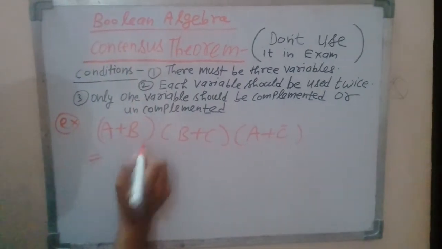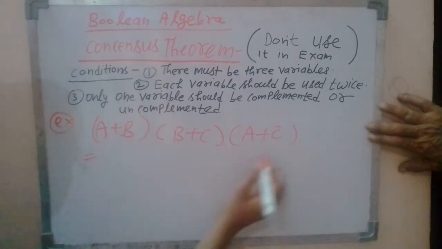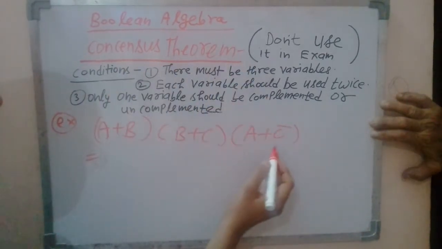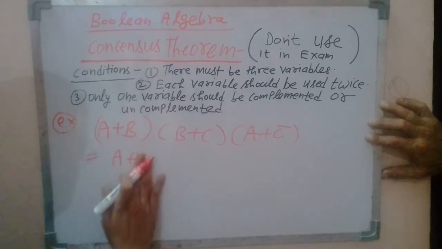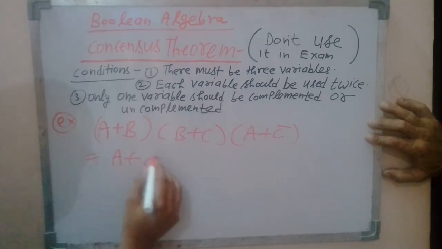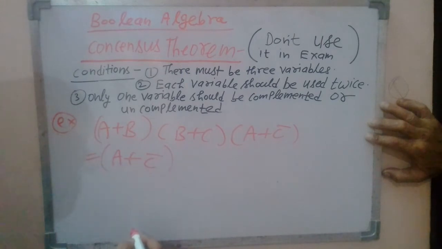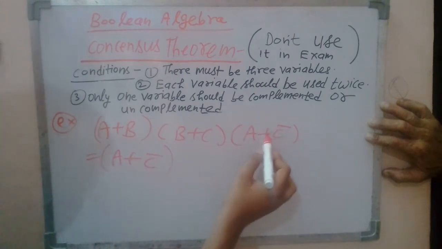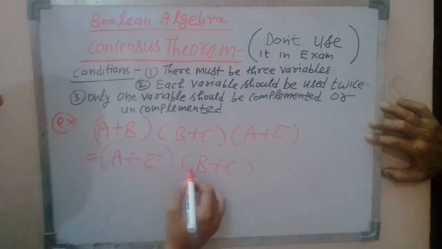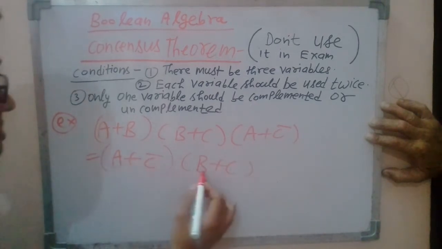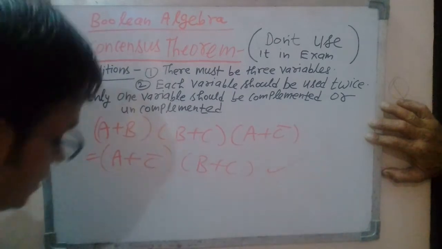Tell me the answer directly. All 3 conditions are satisfied. So what is the unique term? The unique term is A plus C bar, because one variable is complemented. Related term of A plus C bar is B plus C, because C is available in this term also. A plus C bar into B plus C. This is the answer.